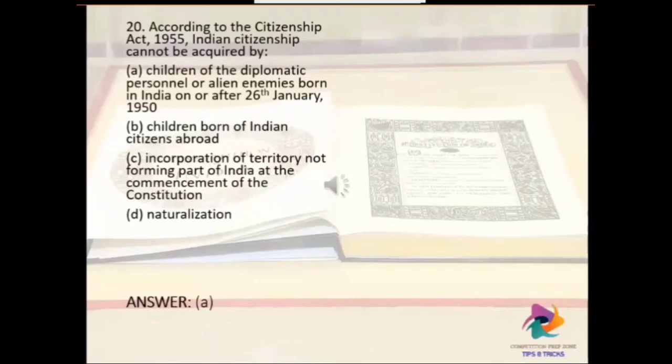C. Incorporation of territory not forming part of India at the commencement of the Constitution. D. Naturalization. And the correct option is A. That means, according to the Citizenship Act of 1955, Indian citizenship cannot be acquired by the children of diplomatic personnel or alien enemies born in India on or after 26th January 1950.